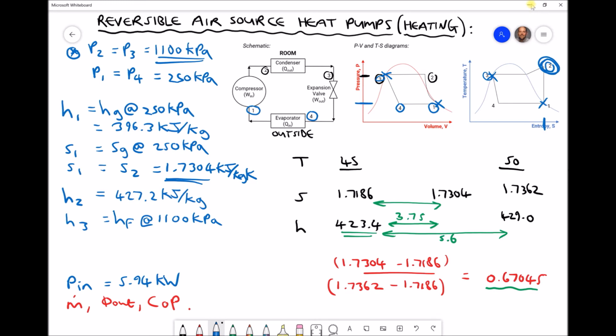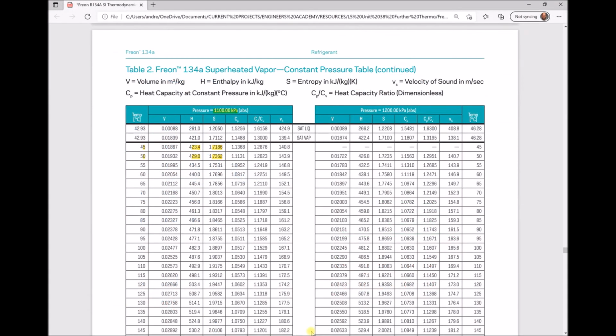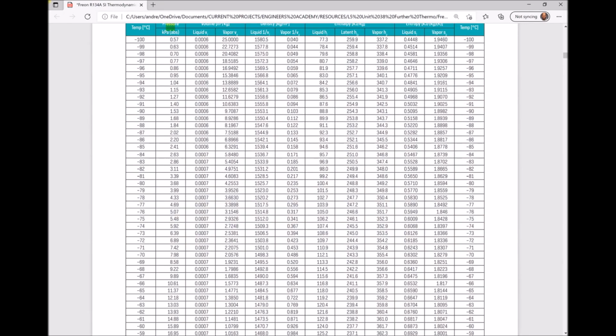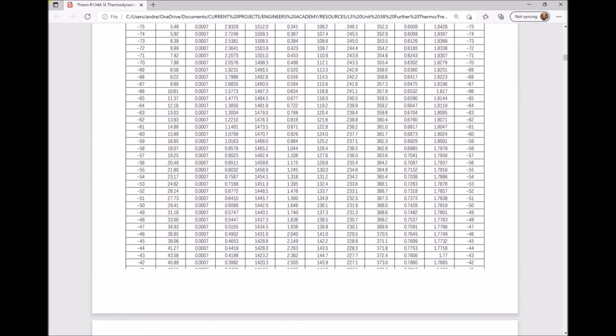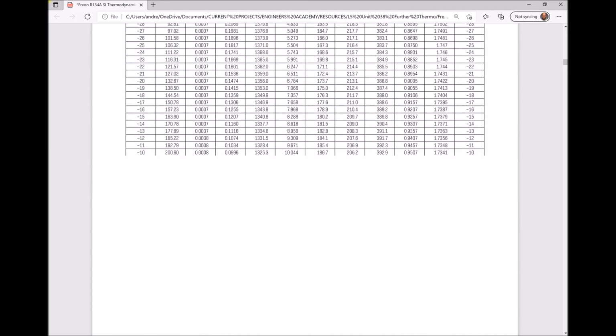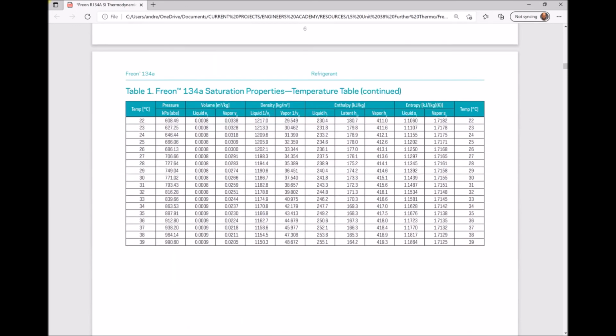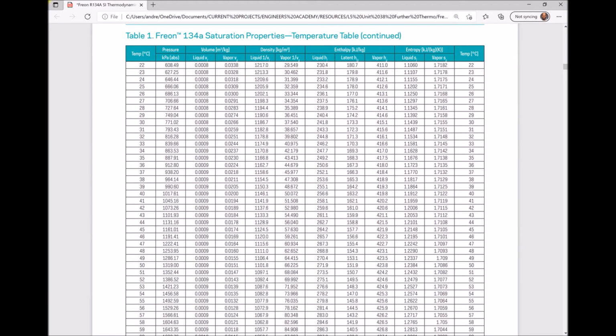So if we return to our tables, and we need to return to our saturated vapour tables near the top, and this time we're looking for a pressure, the second column from the left, of 1100 kilopascals. So before we had 250 kilopascals, we see highlighted there. Our higher pressure of 1100 kilopascals sits further down the document, so we have our pressure.